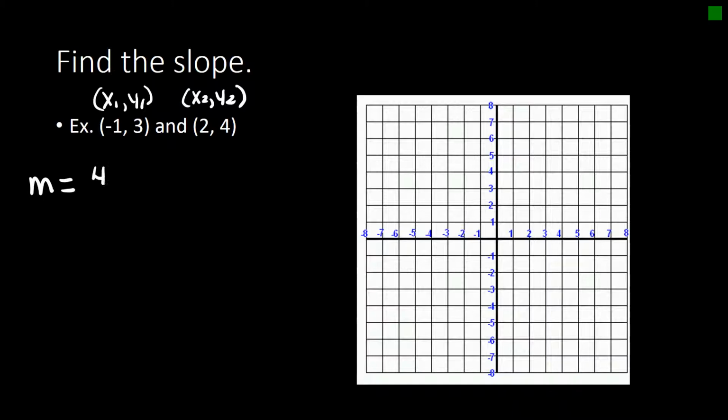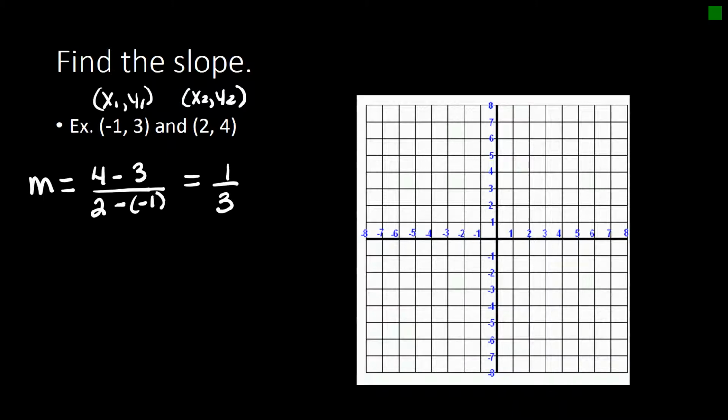Slope is y2, which is 4, minus y1, which is 3, over x2, which is 2, minus x1, which is negative 1. So we have 4 minus 3 is 1. The double negatives make positive, 2 plus 1 is 3. So we have a slope of 1/3.